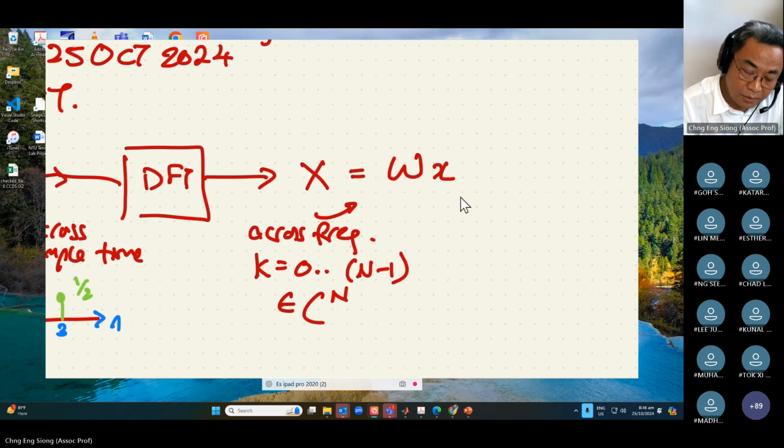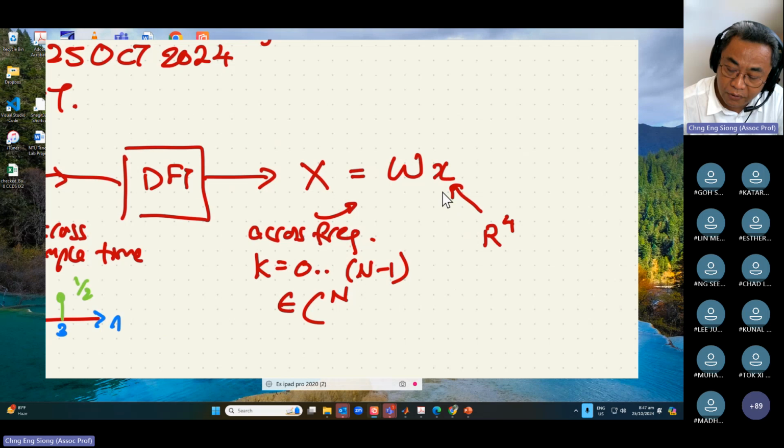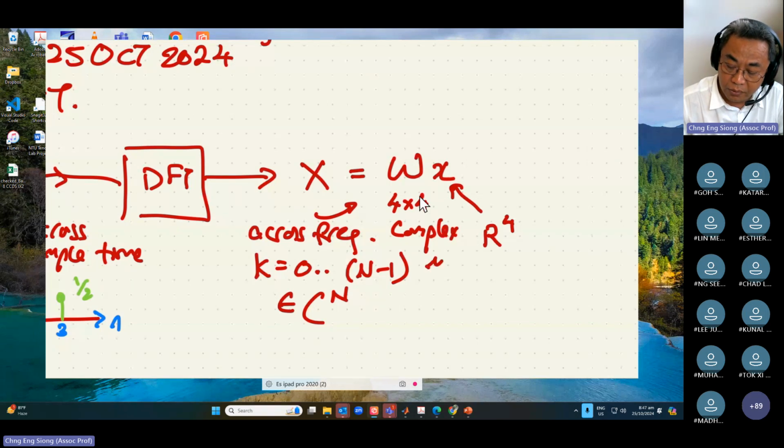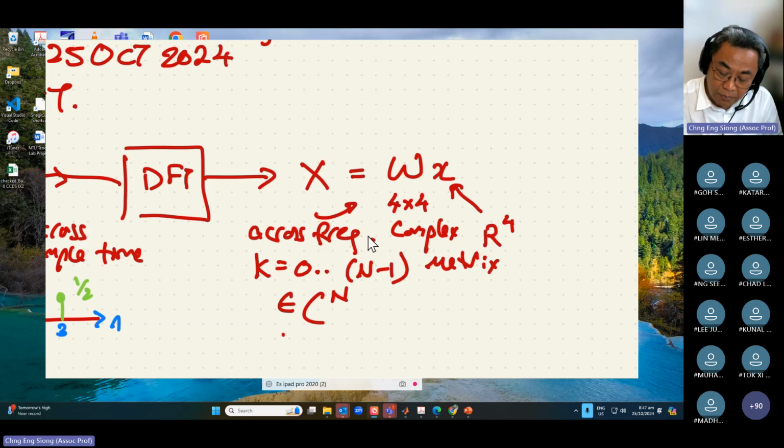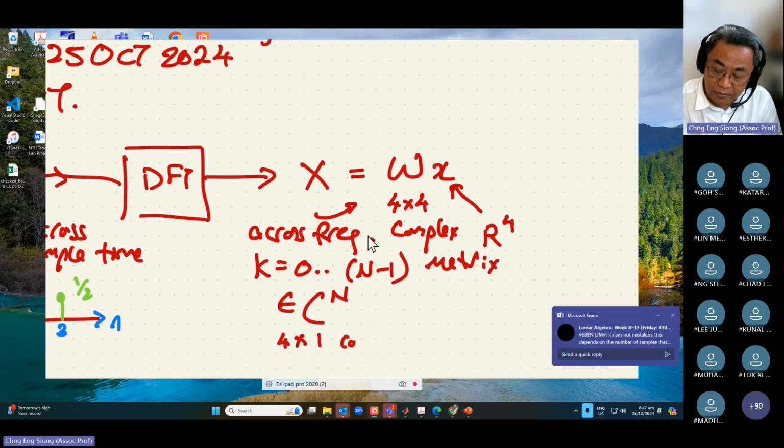And so now let's write the information here. This guy is R4, a vector of 4 elements. This guy is a 4 by 4 complex matrix, meaning that it is a matrix whose elements are all complex numbers. This is a 4 by 1 complex vector.